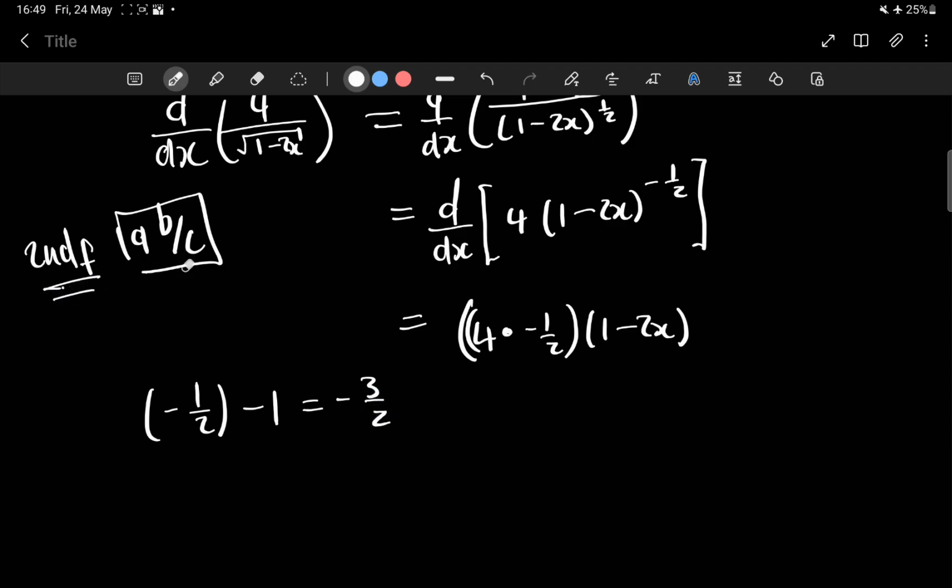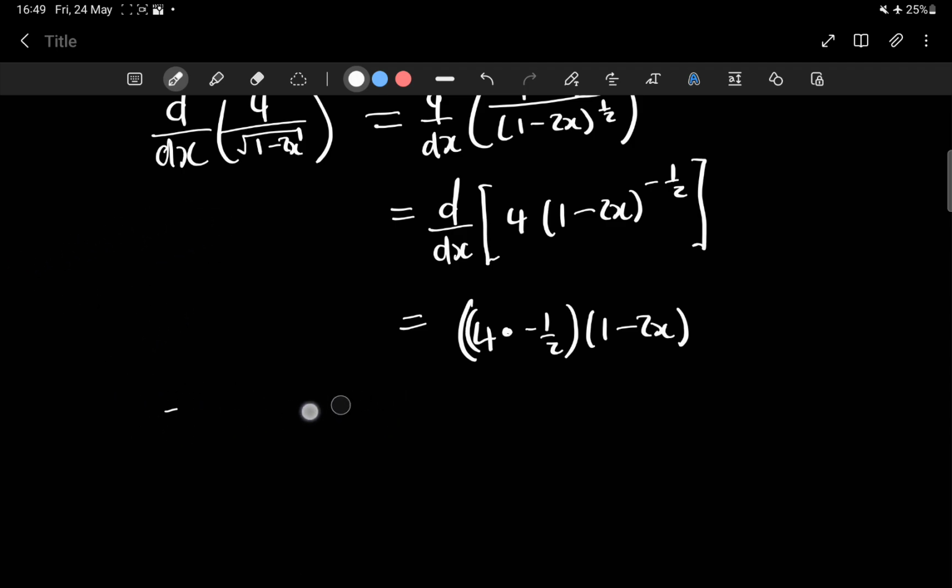Press second function, then a b over c after you get your answer, after you say equals. So here you would say negative 3 over 2. Then multiplying, now I multiply the derivative of the inside. I first differentiated the outside. Now I multiply the derivative of the inside, which is going to be minus, derivative of 1 is 0. Derivative of minus 2x is just minus 2.